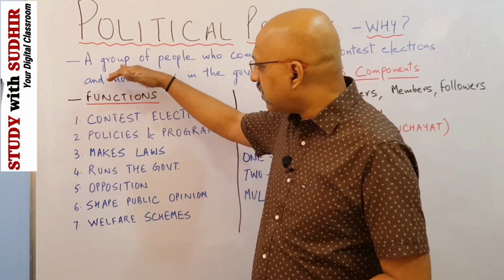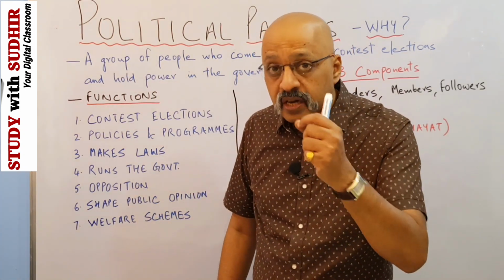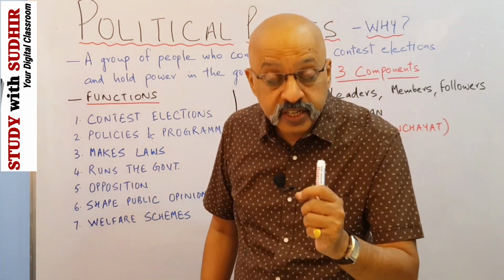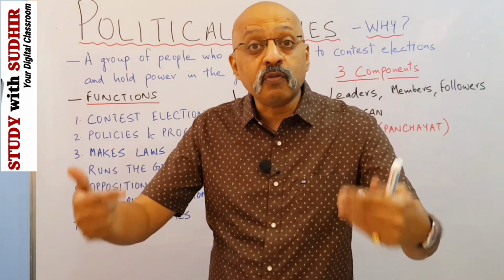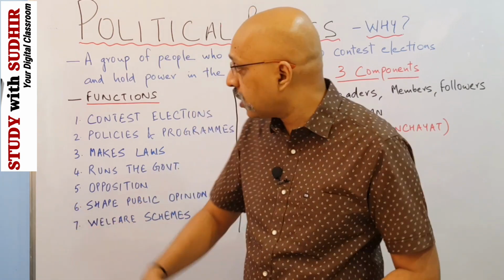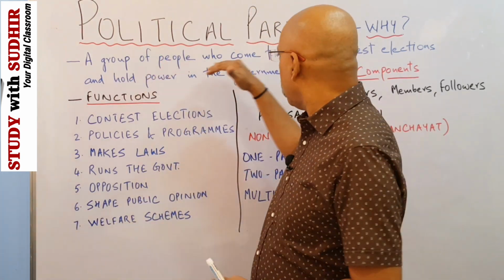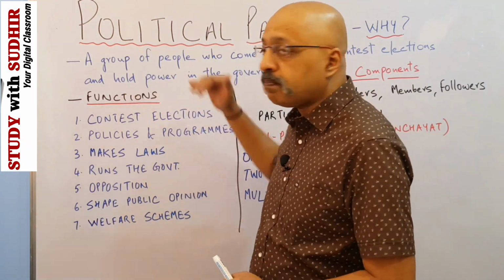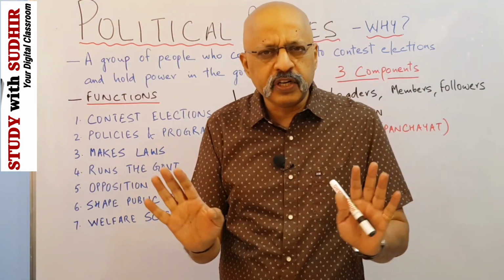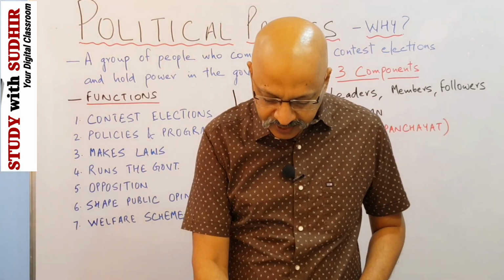But here we are talking about politics, about power which will be wielded for the benefit and welfare of the people at large. So a political party is a group of people who come together to contest elections and hold power in the government. Simple definition. It's not very complicated.